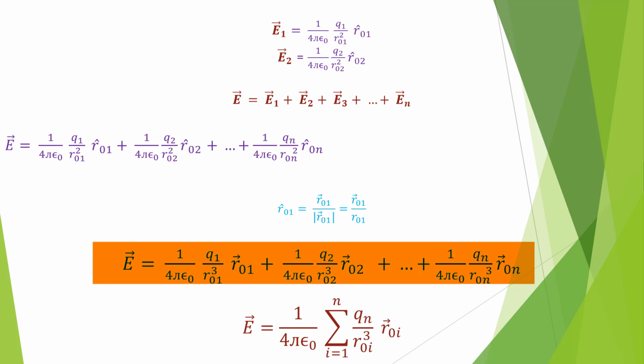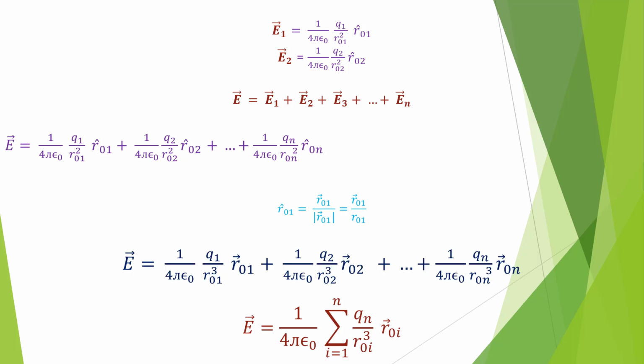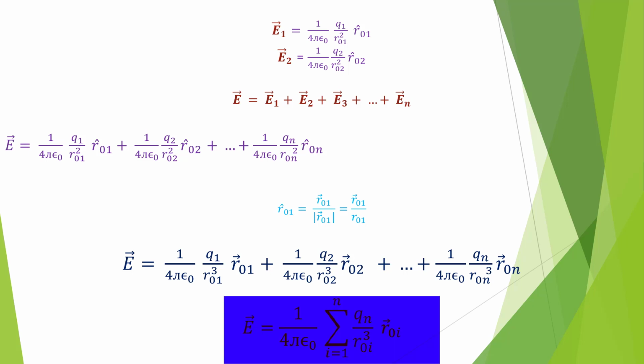Here if we take 1 upon 4 pi epsilon naught as common, this equation can be generalized using summation, where i is the variable indicating the value from 1 to n.